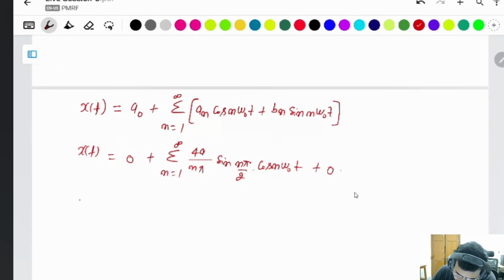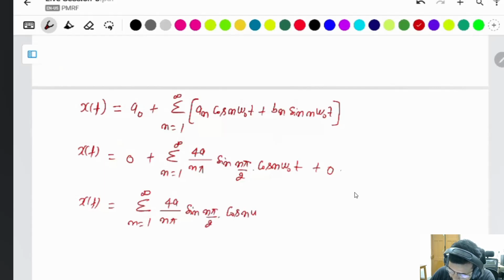That's why the xt is represented as summation of n is equal to 1 to infinity 4a by n pi sin n pi by 2 into cosine n omega naught t.